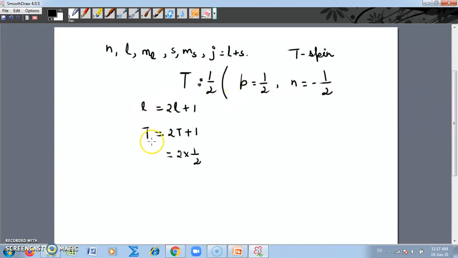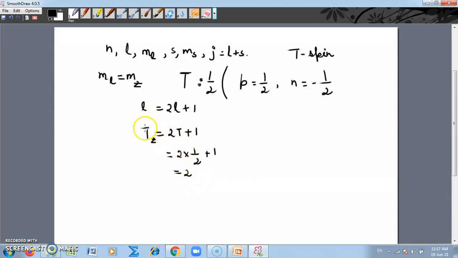and this is called Tz. In a similar way, if you remember, ML is also known as Mz, where a magnetic field is applied along the z-axis. So similarly we have a Tz here, which is 2 into half plus 1, which is equal to 2. That means Tz has two values.